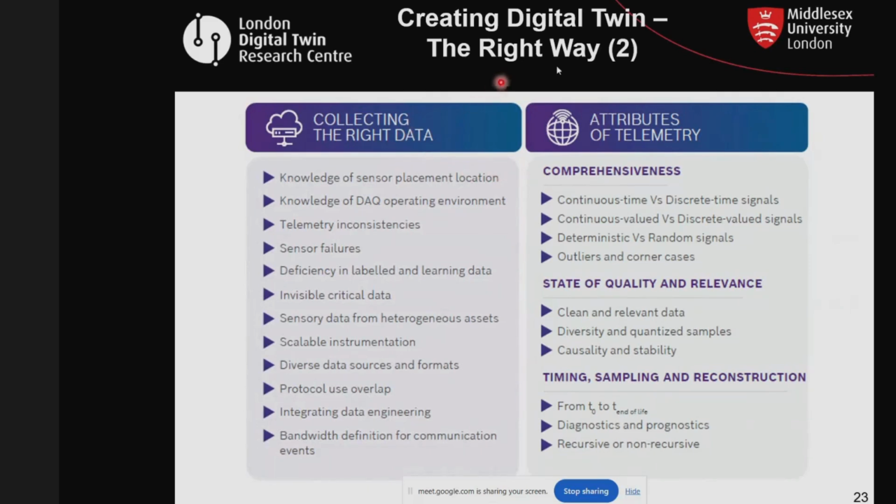So number of aspects, so collecting the right data, attributes of telemetry, so on. Collecting the right data is quite critical, okay? Especially the areas where you have sensor failures, you have telemetry inconsistencies. So you may be sending the data, but there might be a huge delay.